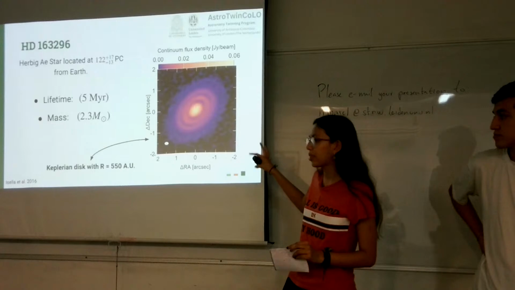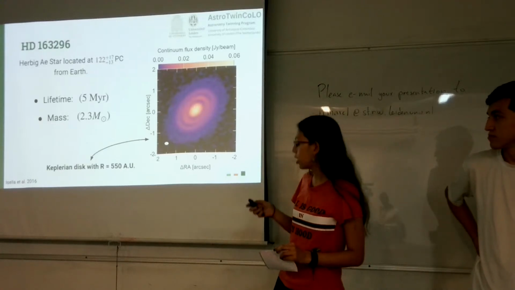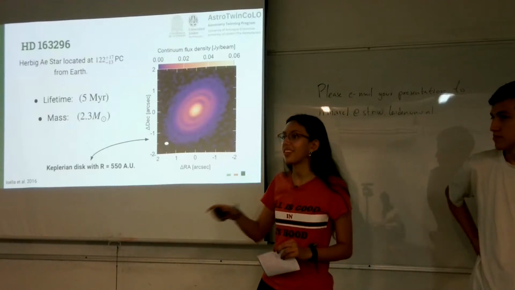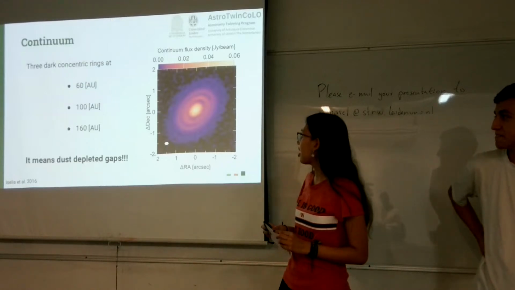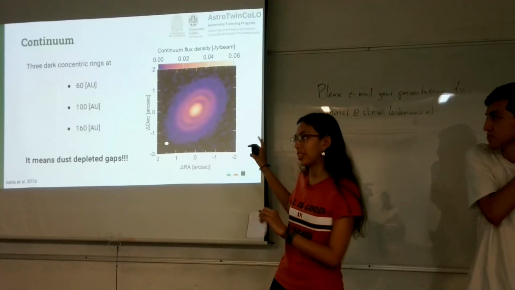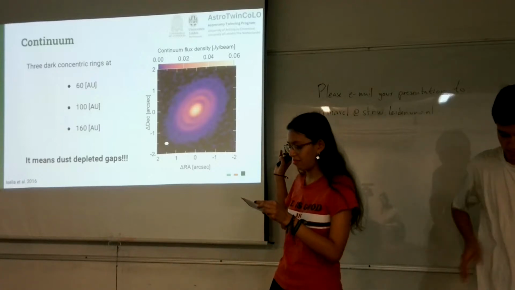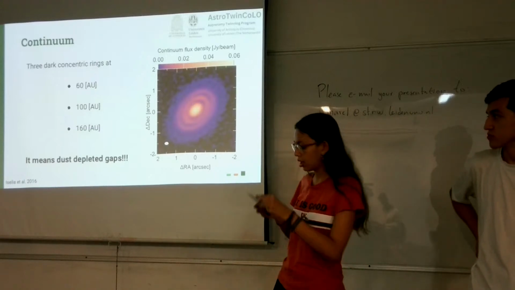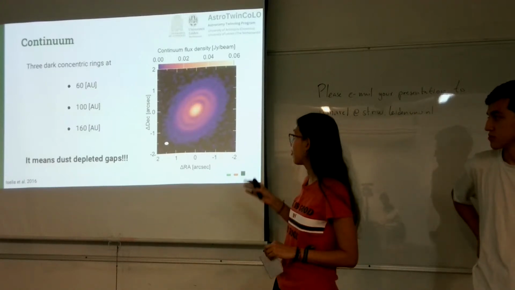Here is the image of the continuum flux density that they imaged with ALMA at 0.2 arcseconds of angular resolution.